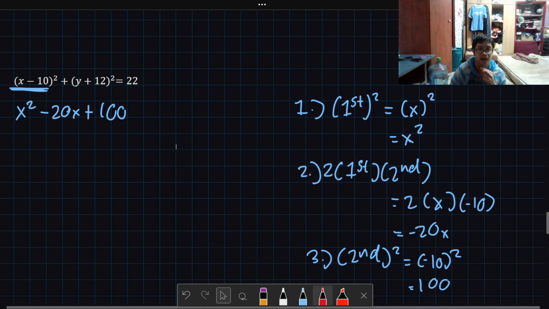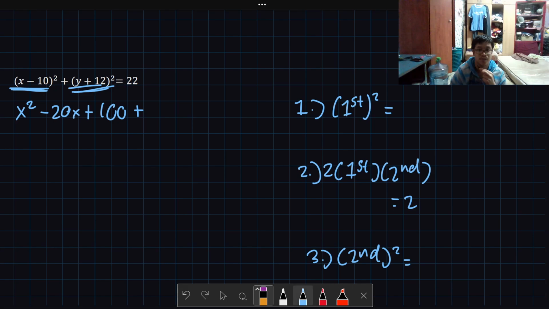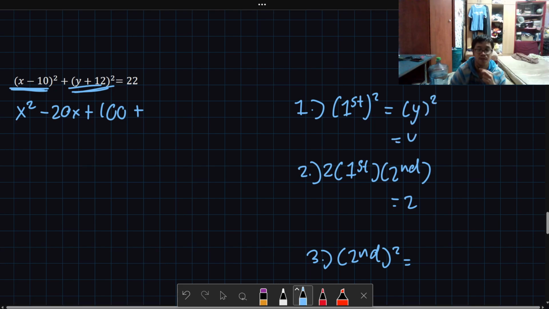Now we'll proceed to expanding the square of y plus 12. Same steps. Square the first term: y squared. On the second step, 2 times the first term, y, times the second term, 12.